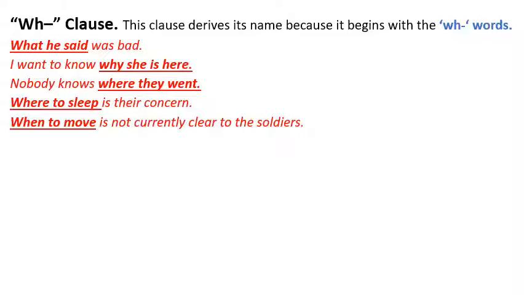Look here, do you remember when we did our exercise? We didn't say, I want to know why is she here. No, it needs to be subject and then the verb: why she is here. Nobody knows where they went. Where to sleep is their concern, etc.